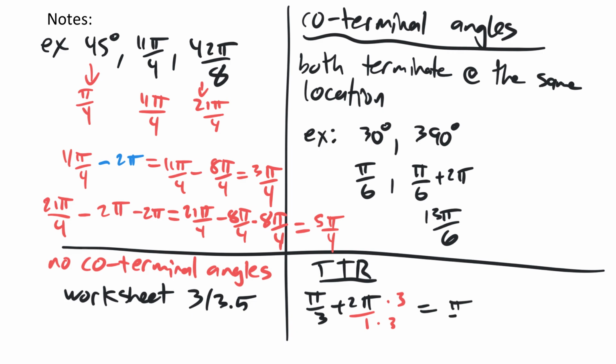That's going to give us pi over 3 plus 6 pi over 3, which gives us 7 pi over 3. So when adding or subtracting the 2 pi, we do it just like fractions, and we think here, if you have 1 pi and you have 6 pi's, that makes 7 pi's. So once you do a couple of them, you should get the hang of it. But you do need to be comfortable with your fraction skills here for finding the coterminal angles, especially when working in radians.